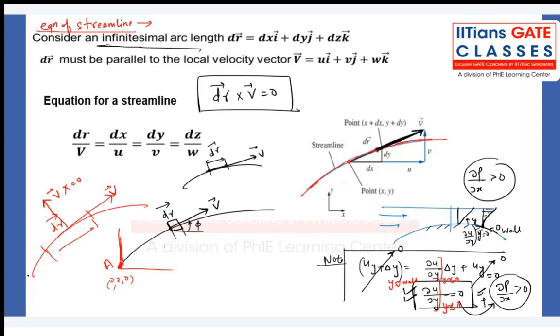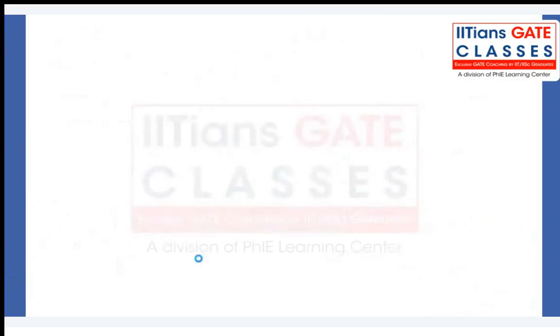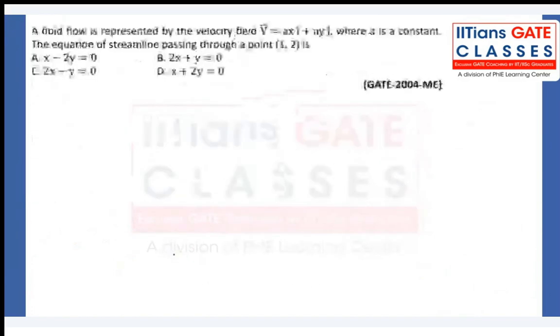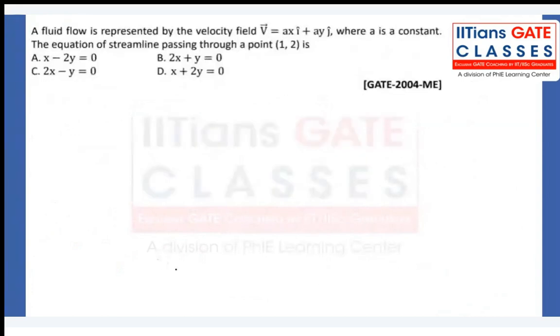Now try to solve the problem which we have to take here. All of you, please try to see this particular problem. A flow field is represented by the velocity field as ax i cap plus ay j cap.